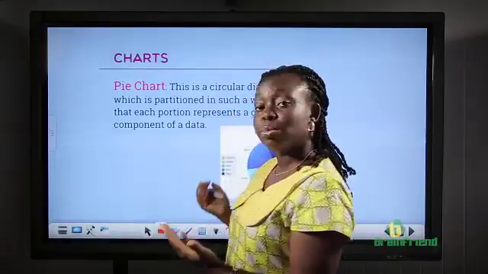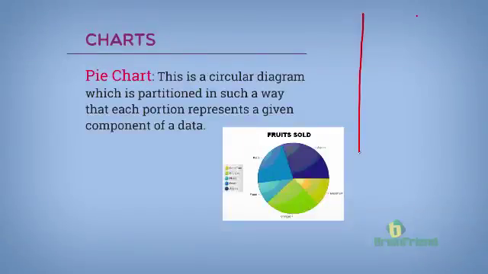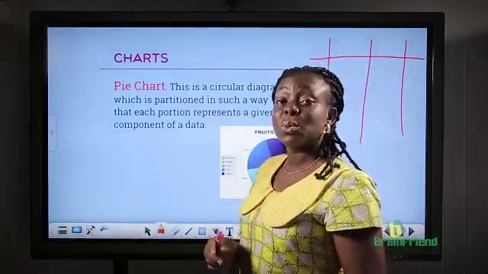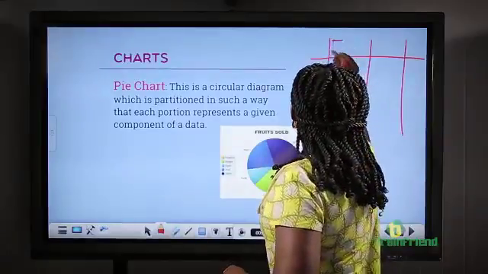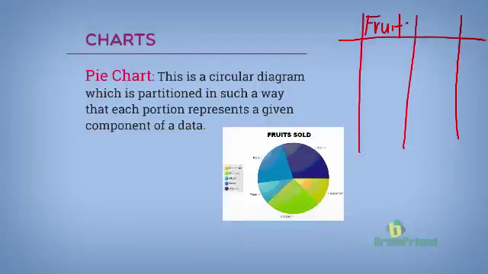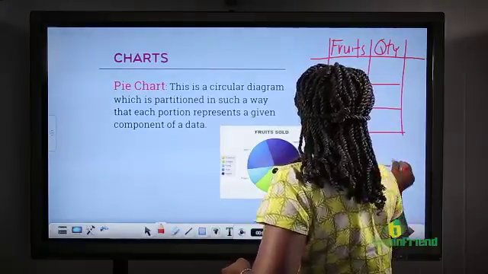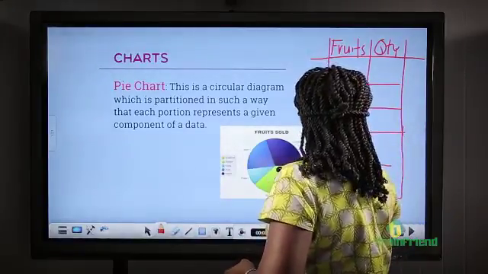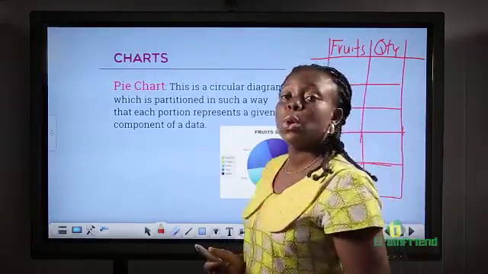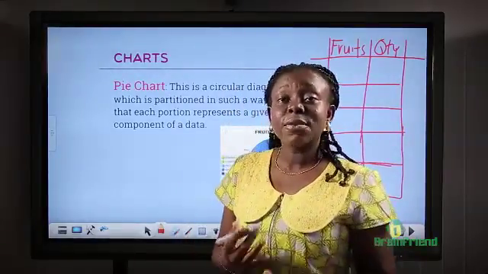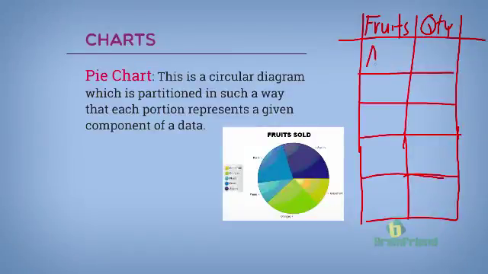Let's look at a table depicting this. From our pie chart, we have 5 fruits and quantity or amount. Let's assume we sold 300 fruits. Apples, we sold 100.